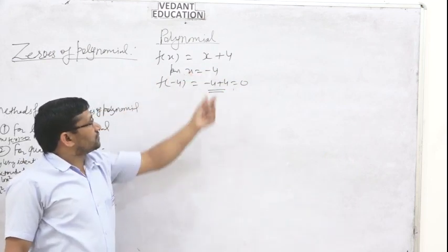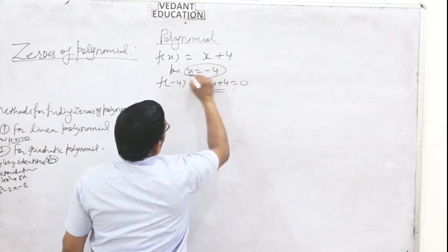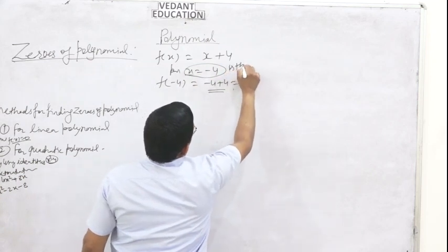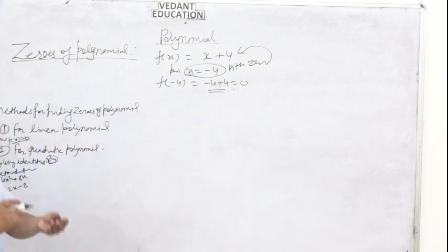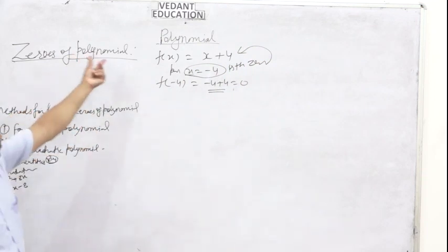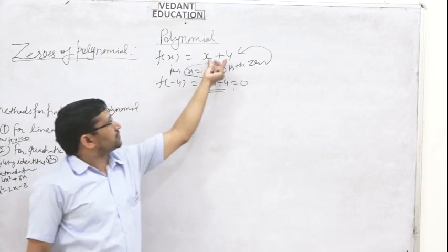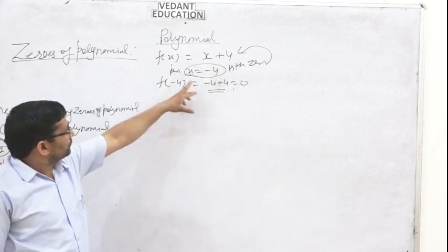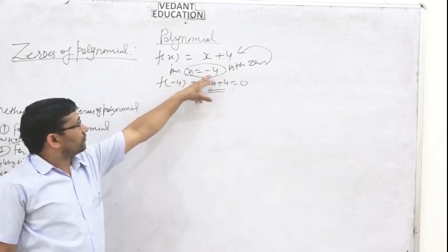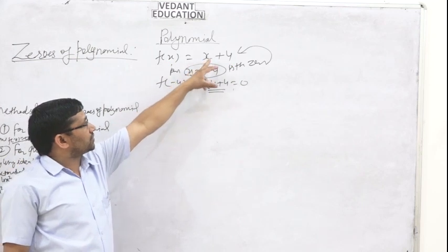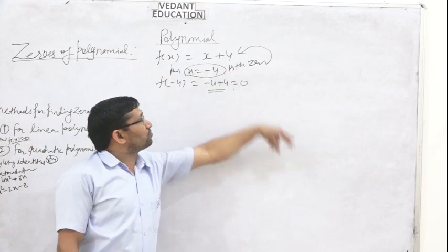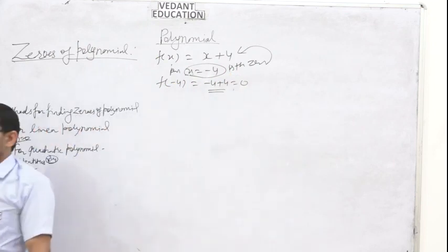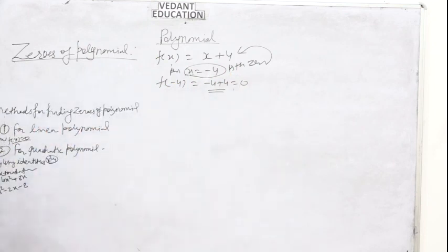It means x is equal to -4 is the zero of fx. So here the polynomial is fx is equal to x plus 4. When we put x is equal to -4, then -4 plus 4 is 0. It means x is equal to -4 is the zero of the polynomial.